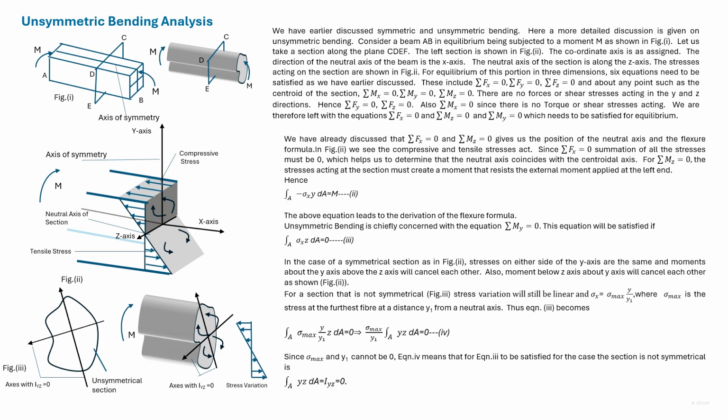In order to better understand what we have just found out, we'll look at this problem from a different perspective. So instead of looking at the problem from the perspective of external moments applied, we'll look at the problem from the perspective of the neutral axis or the axis of zero stress.